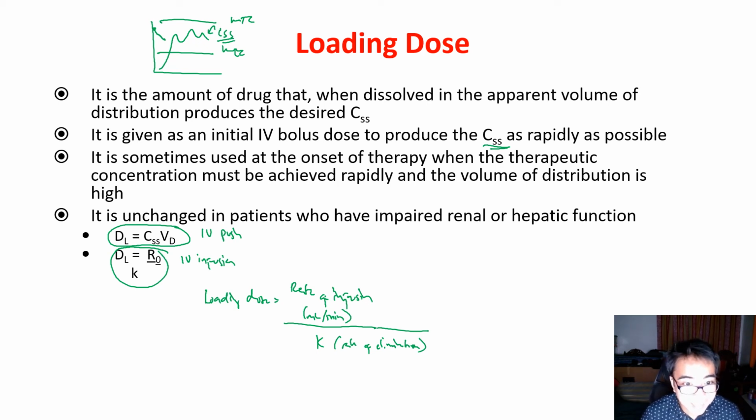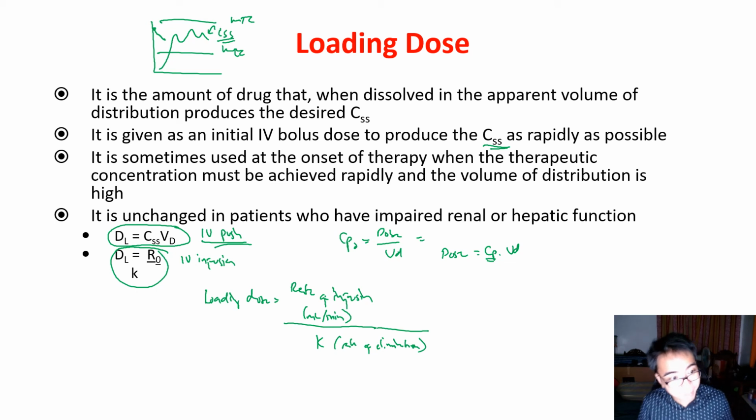Again, mas madali, class, ang IV push. Saan to nanggaling? Yung CP0 equals dose over VD. Transpose ko kasi to. Dose equals CP times VD. Nagkataon nga lang ngayon, ang CP ko will be a desired steady state plasma concentration. Kasi sabi natin yung CPSS na yan nasa therapeutic window. Okay, at yan yung concentration that will give the desired pharmacologic effect.